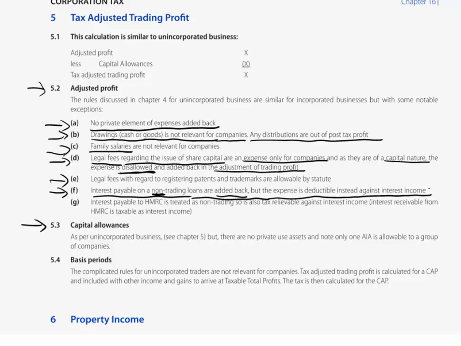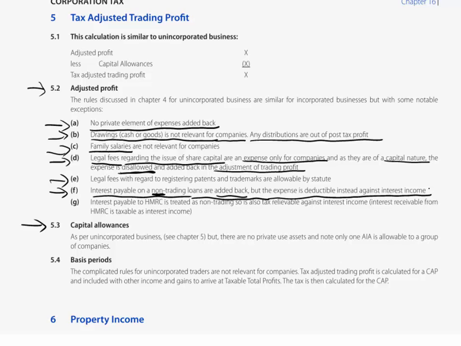So we get a very strange scenario here, that if we have borrowed for a non-trading purpose, you might be wondering, well, what's a non-trading purpose? I'll come back to that in a moment. But if we have what we define to be a non-trading loan, then expenses incurred in raising that loan finance and interest payable on that non-trading loan are disallowed in the adjustment of profits.